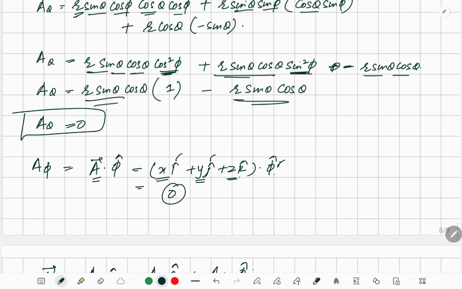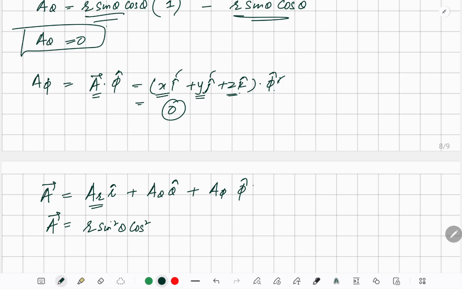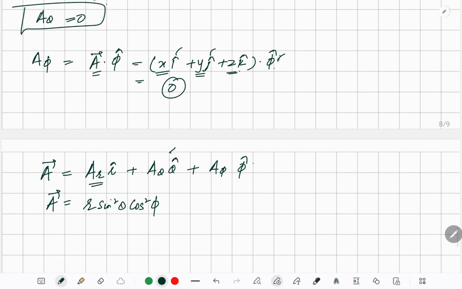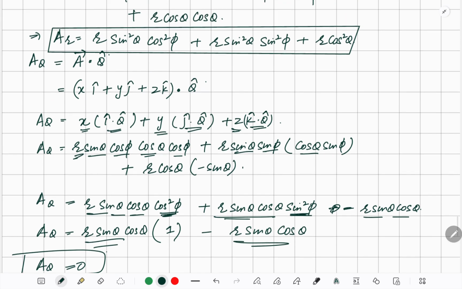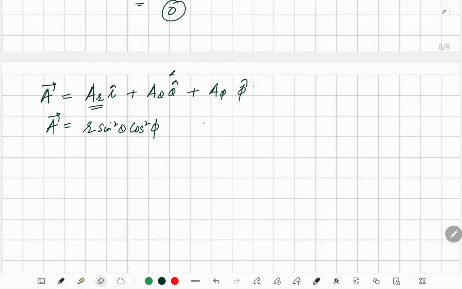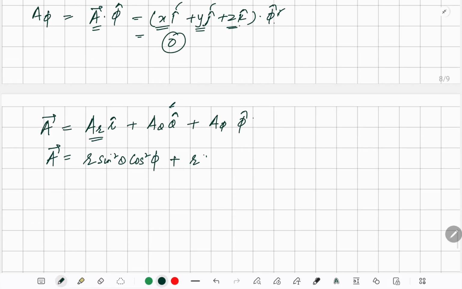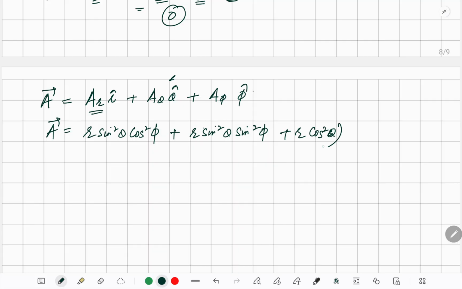So a vector equals, in place of ar we have this whole thing, r sine square theta cos square phi, plus r sine square theta sine square phi, plus r cos square theta, and this is r cap. Plus a theta is 0, a phi is 0. So we're done with that thing.